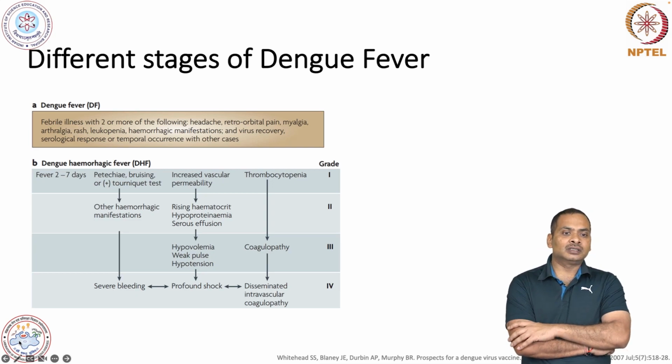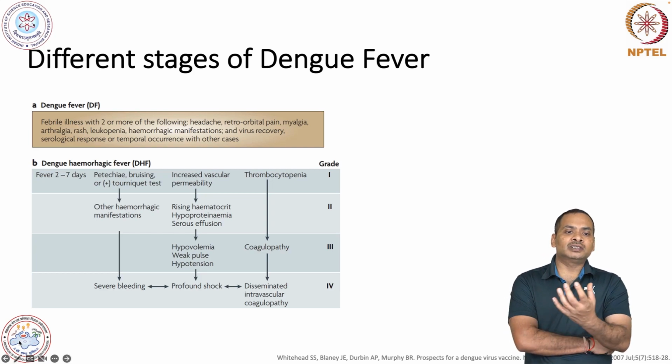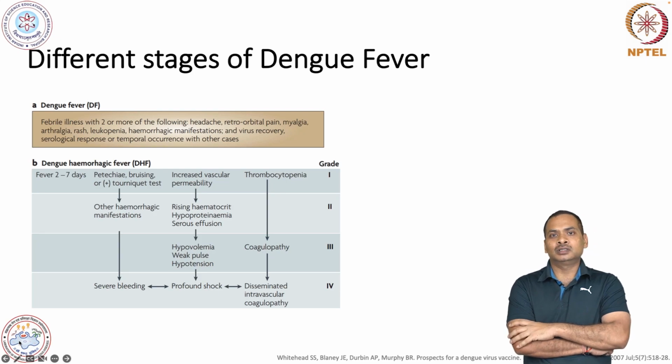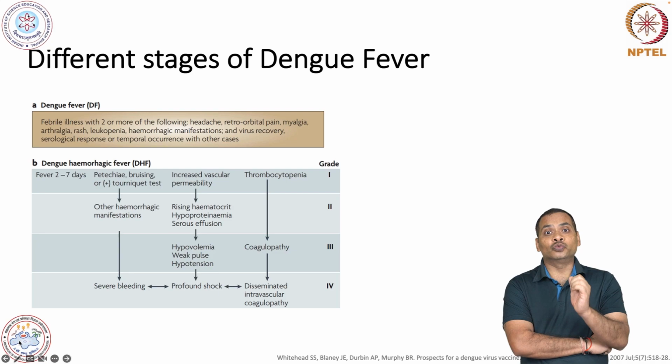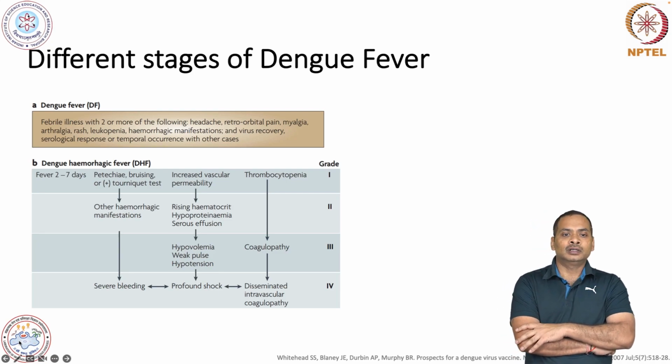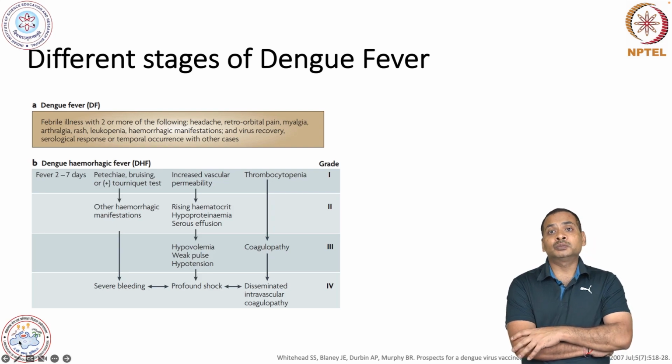Grade 3 is hypovolemic. There is a reduced volume of blood in the individual, which is associated with weak pulse and hypotension, and there could be a possibility of coagulopathy.